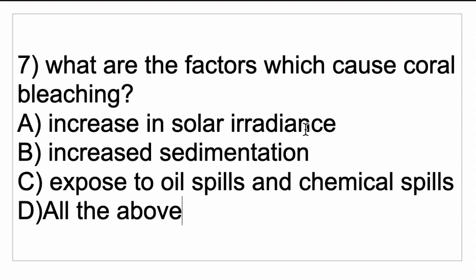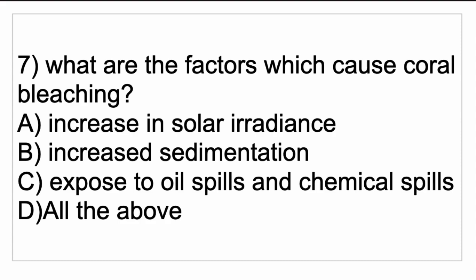When UV light is increased, when the sunlight is at high capacity, that means when UV radiation passes, then there will be coral bleaching. And when sedimentation increases, and when oil spills and chemical spills are increased in those areas, then coral bleaching will start. So these are all the factors of coral bleaching. So option D is the correct answer.